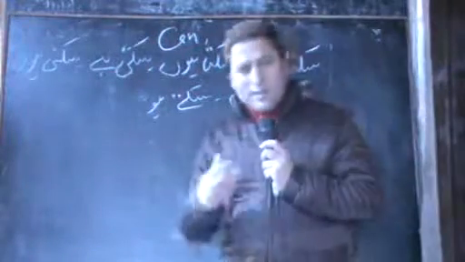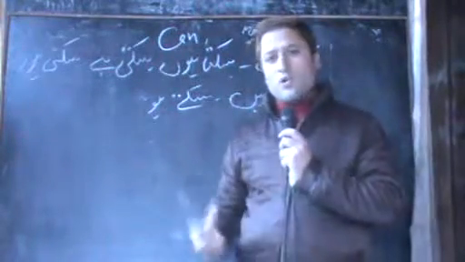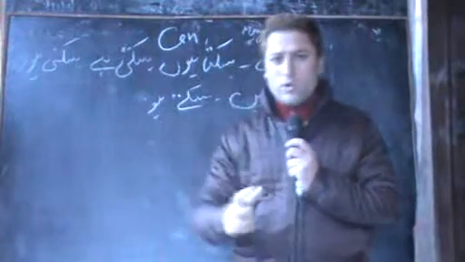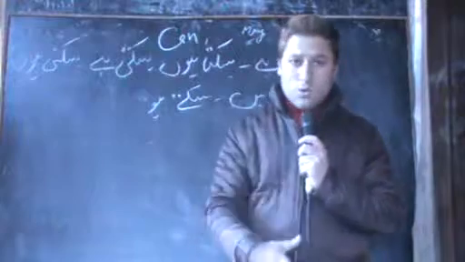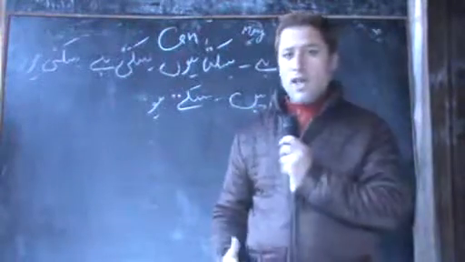Now, dear students, I will first tell about sakta hai and sakta hu. When these signs are at the end of a sentence, we know that they must be carrying subjects that are singular and masculine.